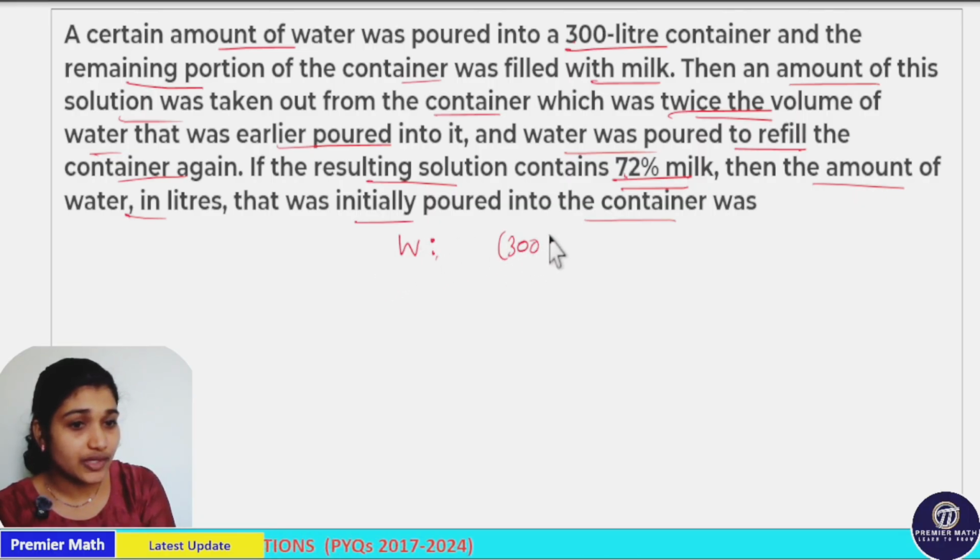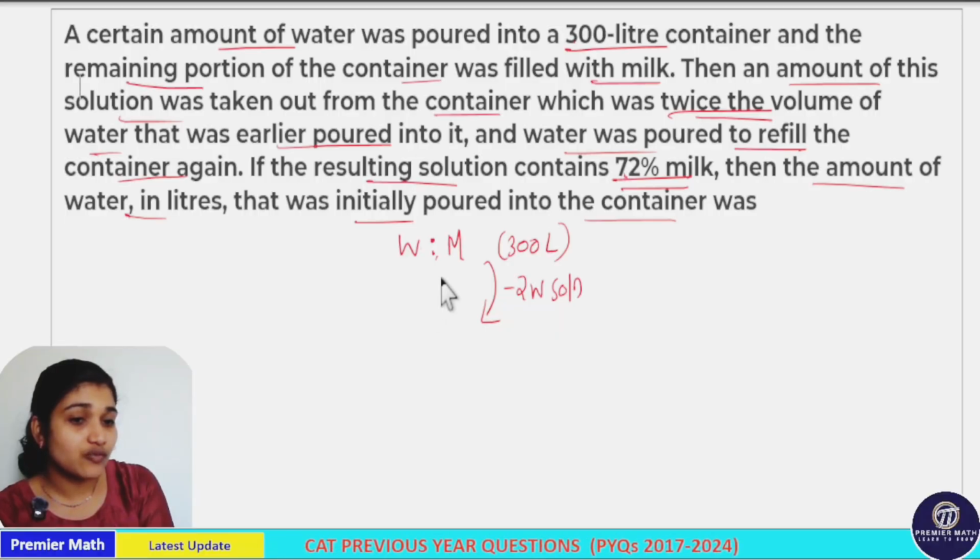The total capacity of the container is 300 liters. I can take the milk part as 300 minus W, but I will take it as M liters. Now, if you pour W liters of water, you are taking out 2W liters of solution from it. This is the quantity of solution you are taking out. Even if you take just one drop of solution, that solution will contain water and milk in the ratio W is to M, because you are taking out the solution.